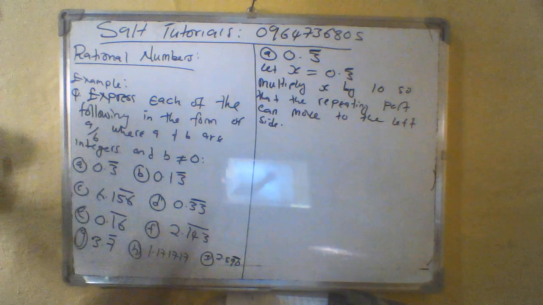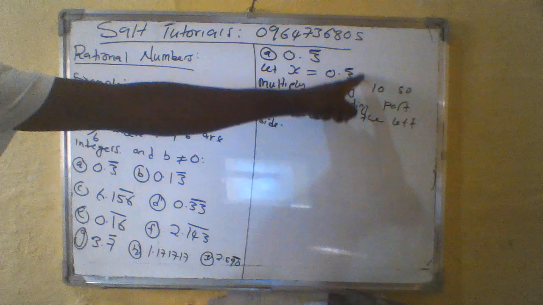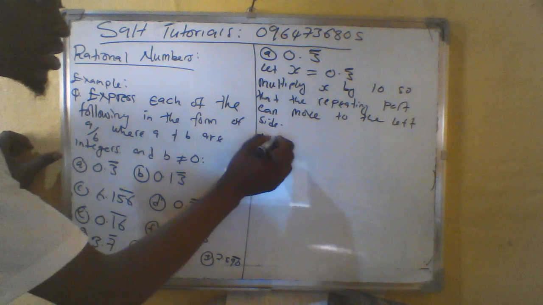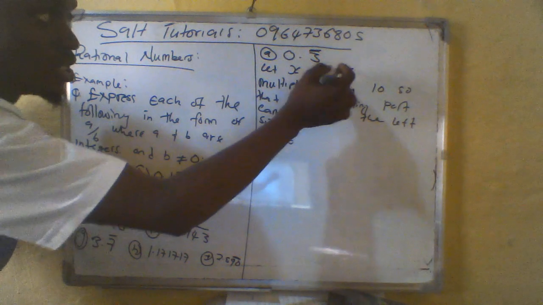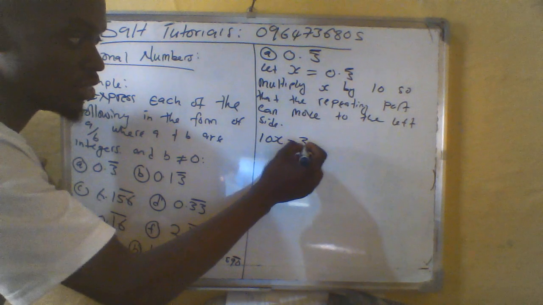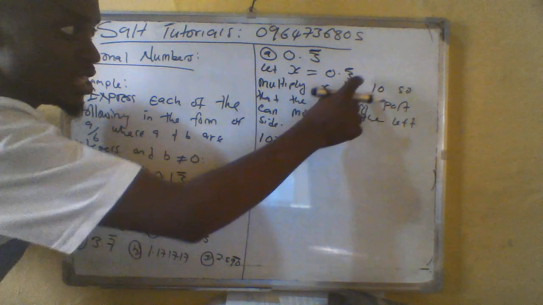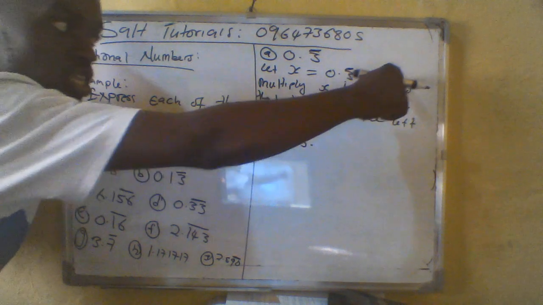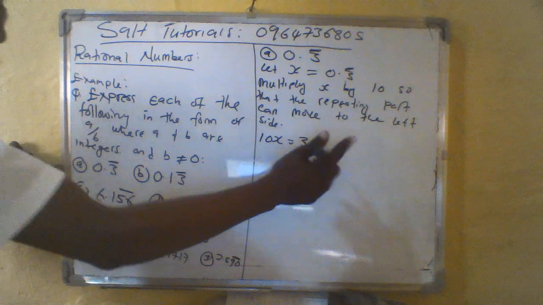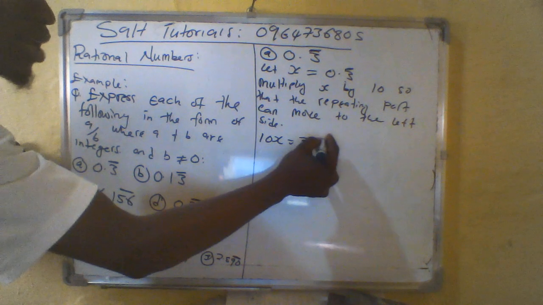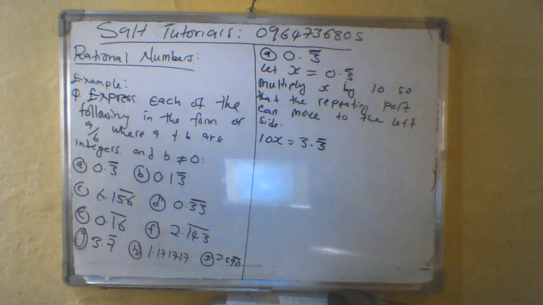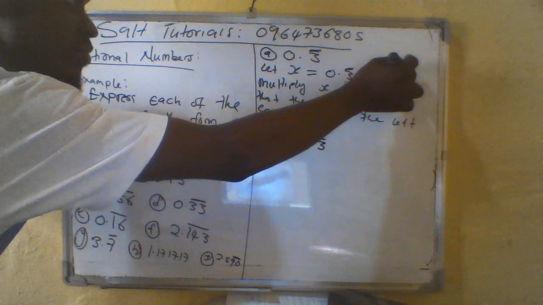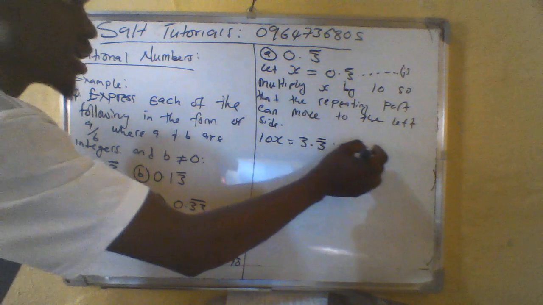If this is x, the only way the repeating part can move to the left side is to multiply it by 10. So 10x is going to move the point once, which means I'm going to have 3 before the point. There is another 3 after it, remember the 3 is continuous. So there will be another 3 here again, indicating that the 3 is still continuous. So if this is my first equation, which I've related to my x, this becomes my second equation.